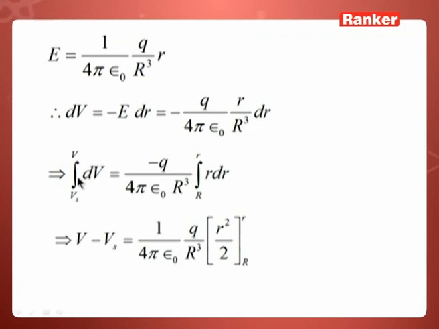If you simplify this, you get V minus Vs, that is, potential at the point minus potential on the surface of the sphere, is equal to 1 by 4 pi epsilon naught, q by capital R cube into r square by 2, integral value between the limits capital R to small r. That is actually the equation.